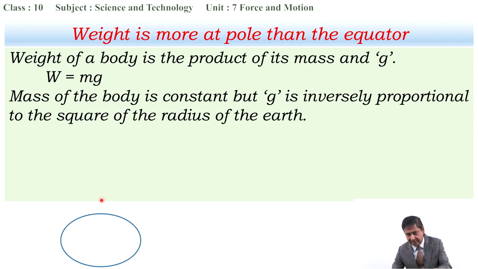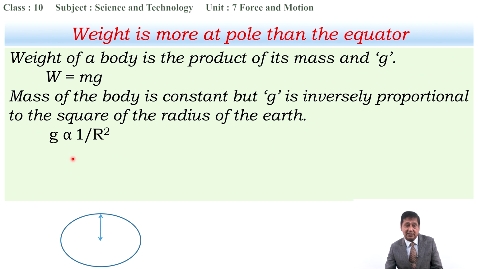Earth is flattened like this, and the value of g is inversely proportional to the square of the radius of the earth, meaning somewhere the radius is less. If the radius is less at this place, g will be more at this place, and somewhere the radius is more. If the radius is more at this place, then g will be less at this place.